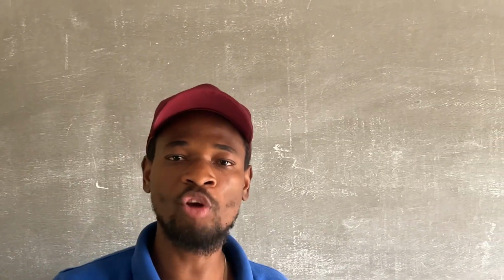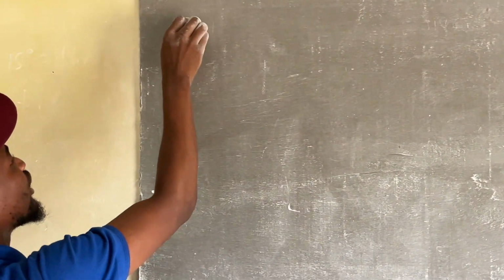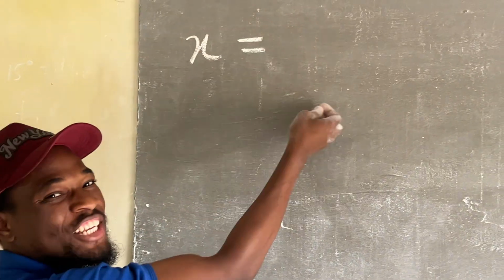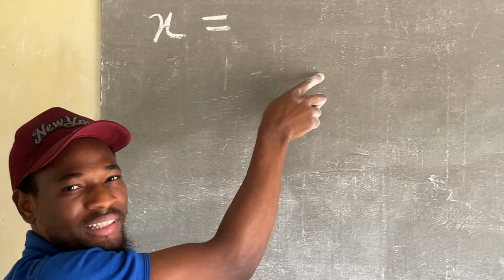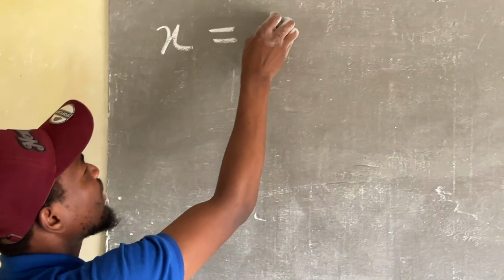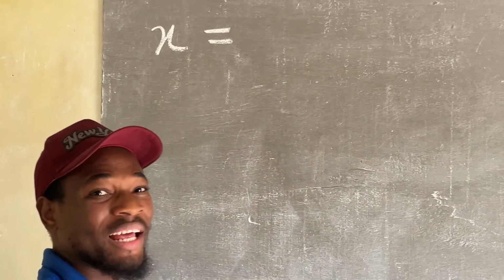Viewers, we established that for an equation to be a parametric equation, your x should be expressed as a function of a variable, let's say t.